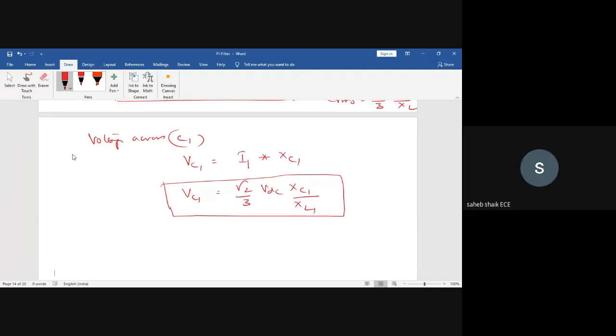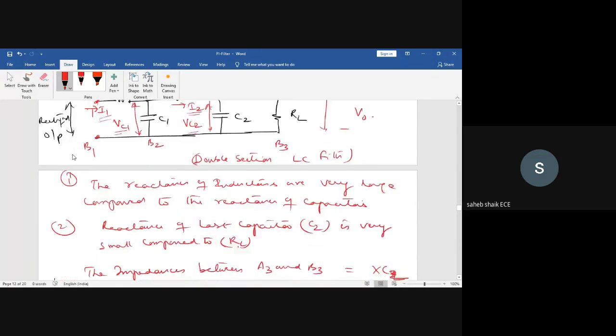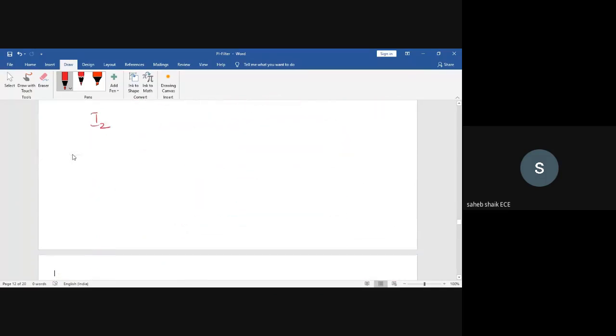Okay, sir. Next we are going to go for I2. Where does I2 pass? I2 is the current passing through the inductor L2. I2 is the voltage coming across after the first section, that is VC1, into 1 by XL2 flowing through the inductor.